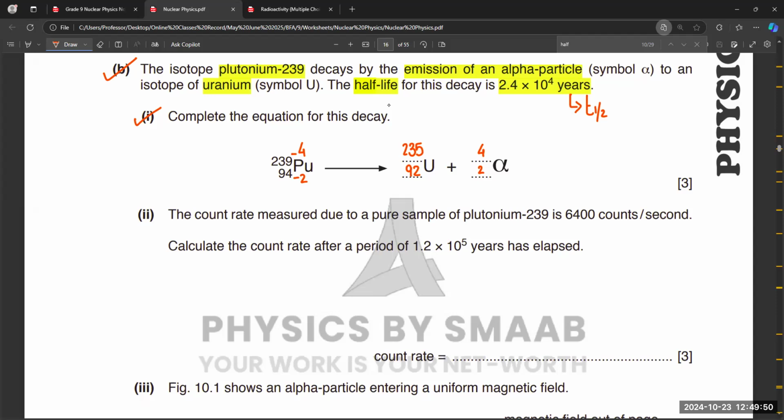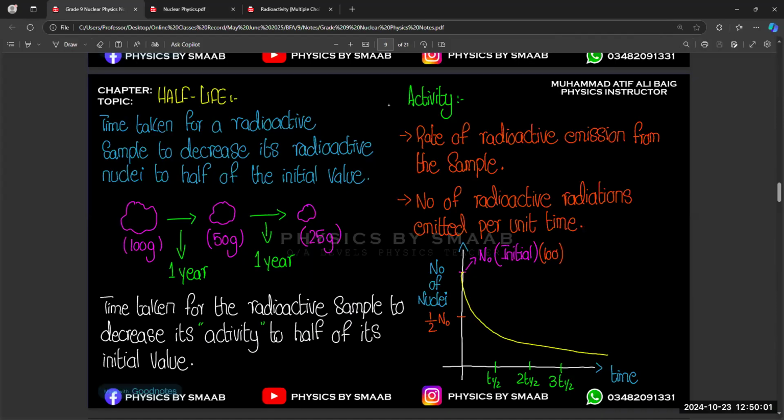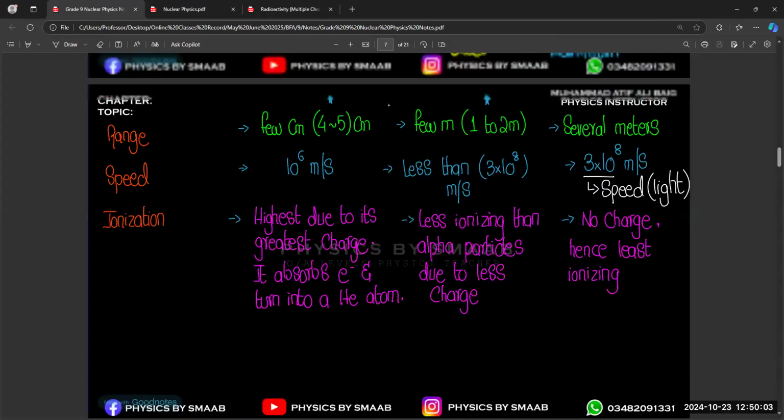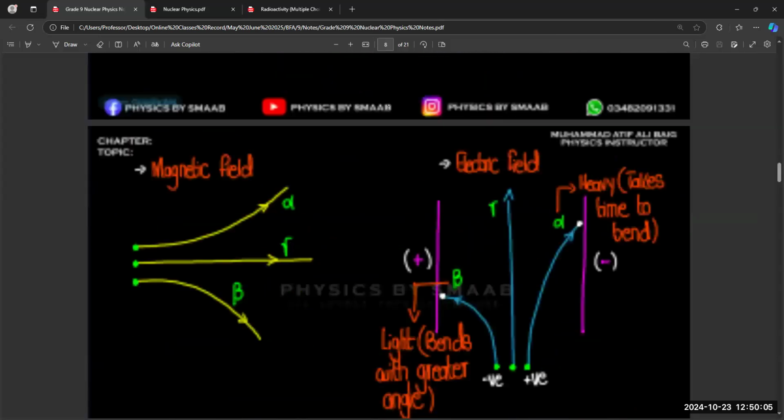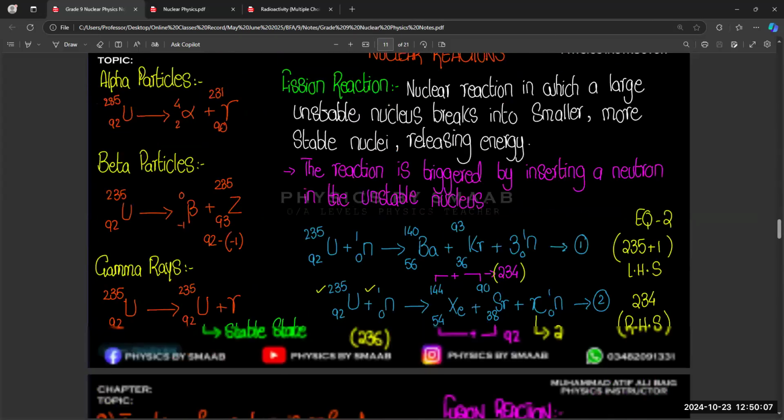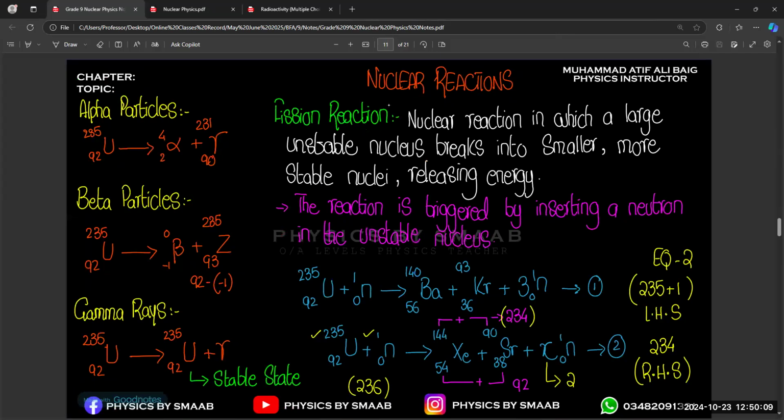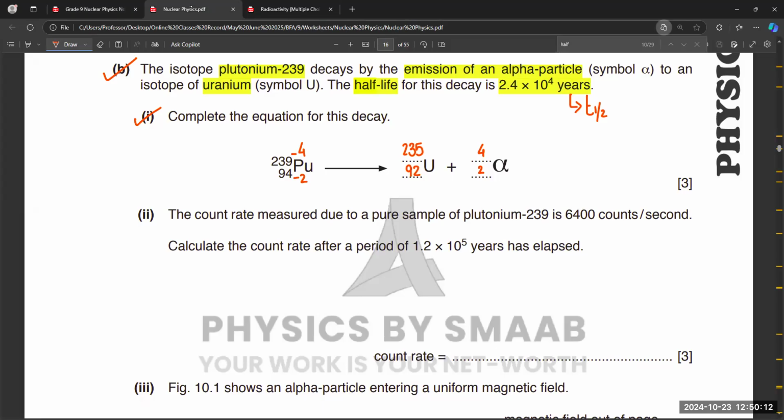Sir, can you explain it again? Basically, when we talk about alpha decay, beta decay, last time we also discussed the decay equations. You will get decay equations over here, right? And the equation is very simple to solve. It is mentioned that it emits an alpha particle.